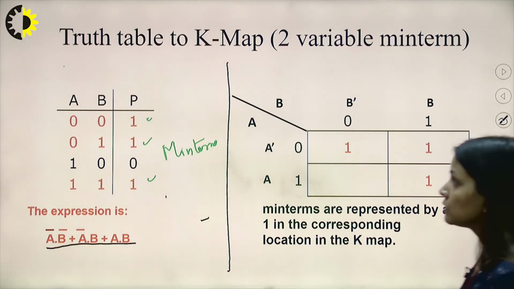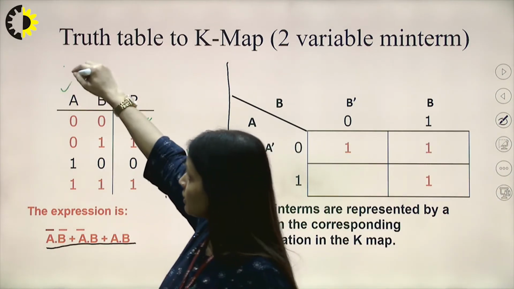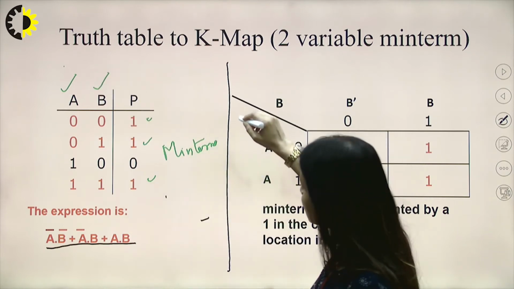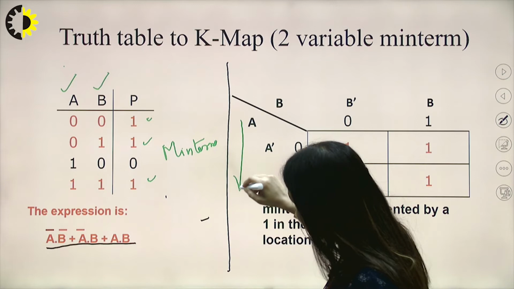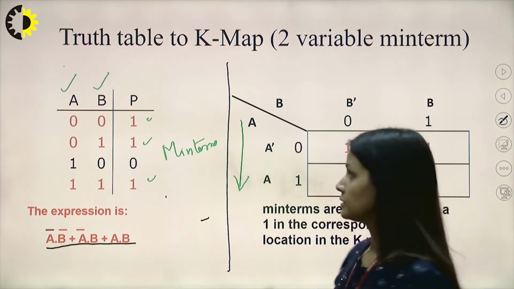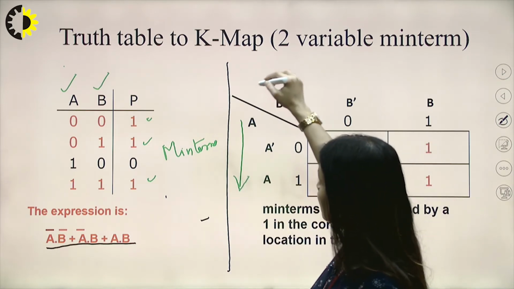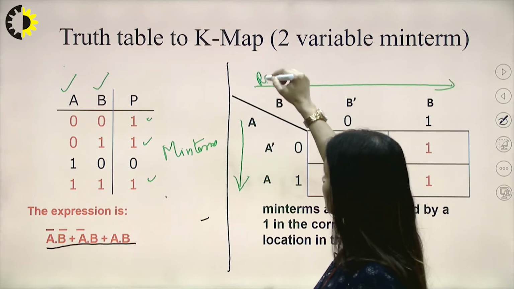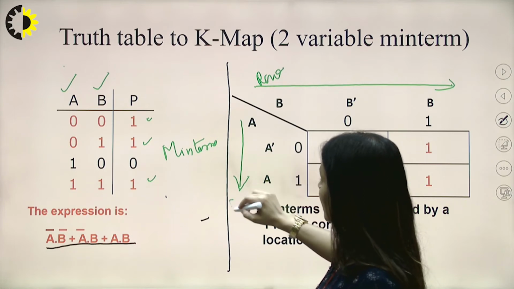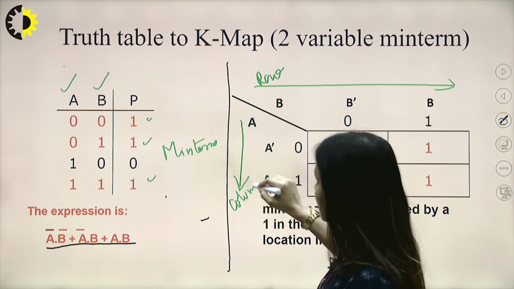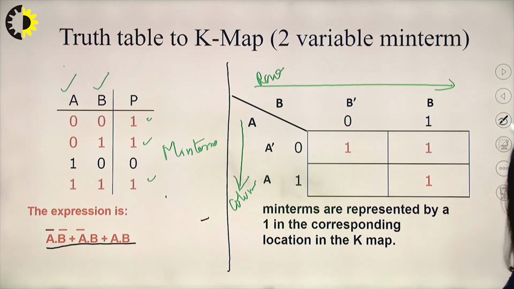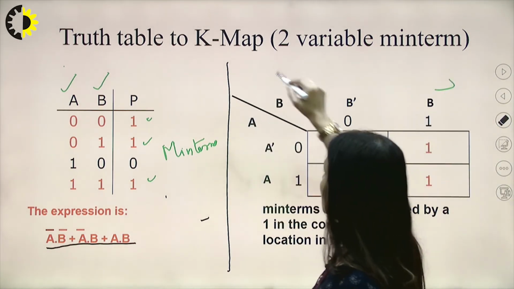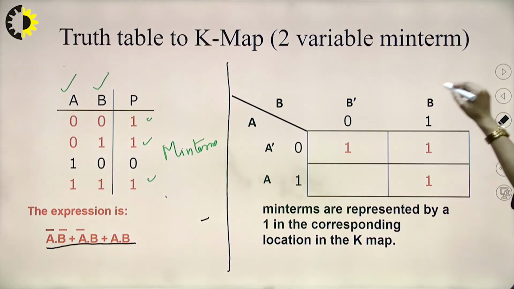For this, the first variable is A and the second variable is B. I will write A like this, and for B I will allot the row. I will allot my first variable vertically and the second variable horizontally.